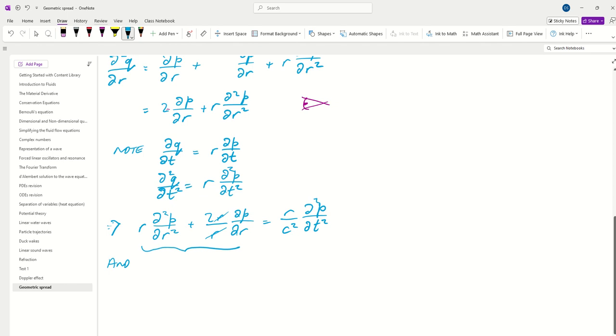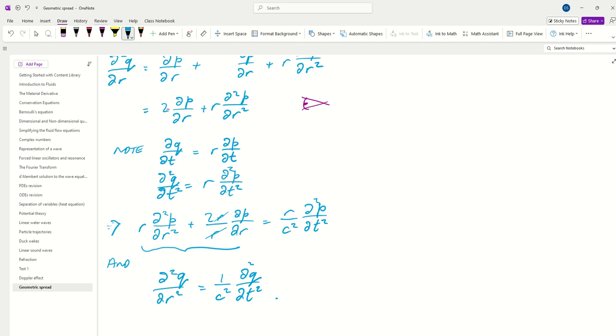This is then d squared q dr squared, and this is 1 on c squared d squared q dt squared. That's the standard wave equation.